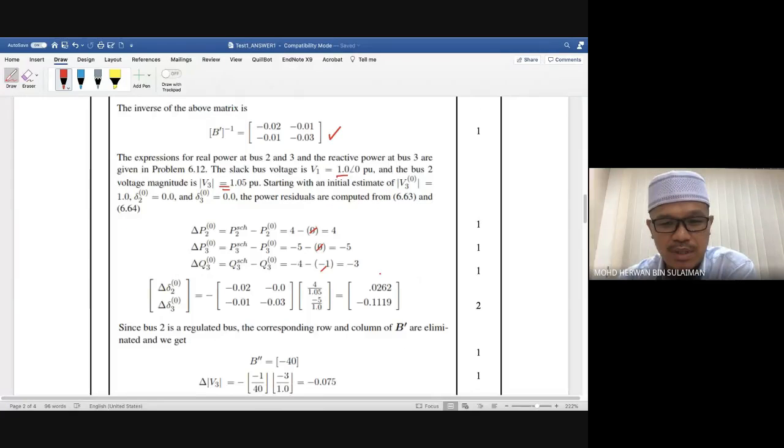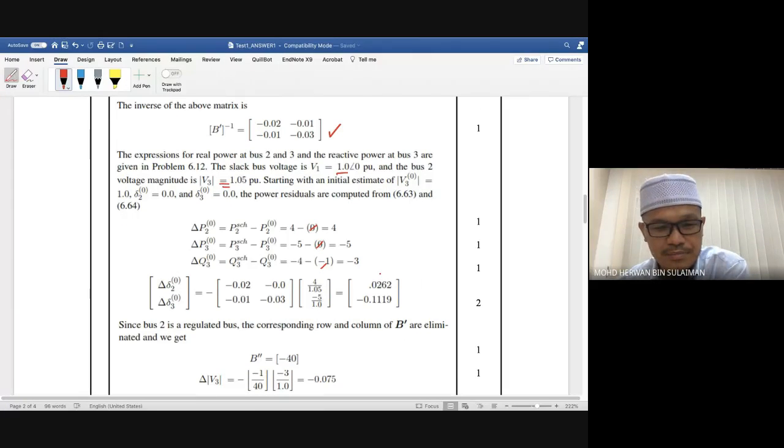So once you dapat yang ini, you boleh cari delta theta 2 kosong. Inversekan negatif yang you kira tadi. So dapat positif lah. Darat dengan yang ini you kena tengok dia ialah P bagi dengan V kan, V magnitude. Ni ialah P3 dengan V magnitude. So you dapat this value.